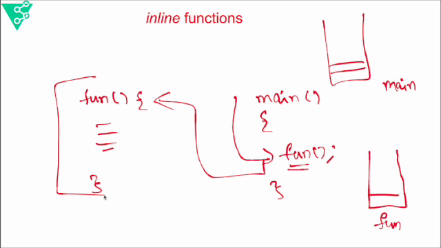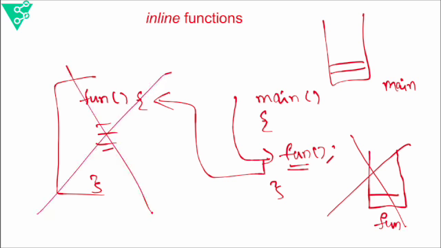So all the cost that is associated with creating a stack frame is not there, and jumping into the definition is not there. When you call a function which is inline, let us call it ifun, an inline function, what happens is its definition will be replaced here itself. You're getting it? This is the key point.